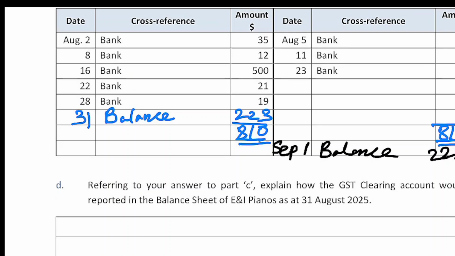Within brackets, what is the past event now? Tell me somebody.